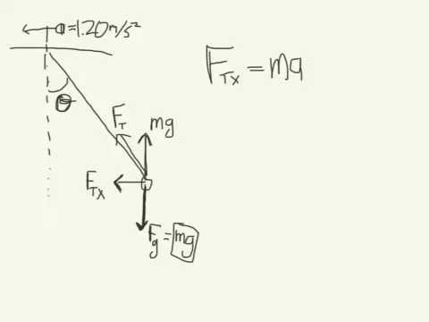Let's make a triangle. Here's a good triangle to make. We know that this side here is the vector with the magnitude mg. So there's that side.